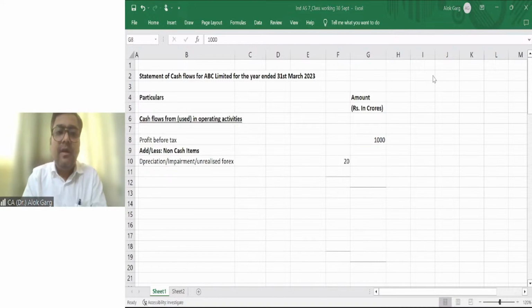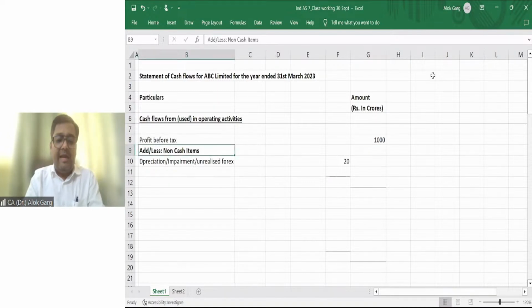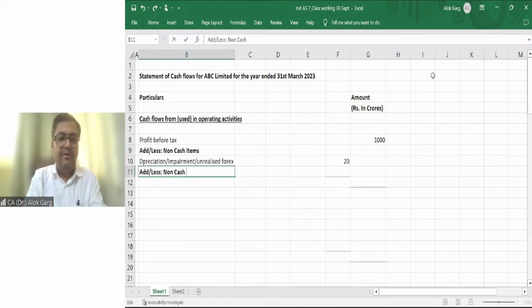Okay. So friends, then we have to add or less. We have to add or less what? Investing and financing activity items.